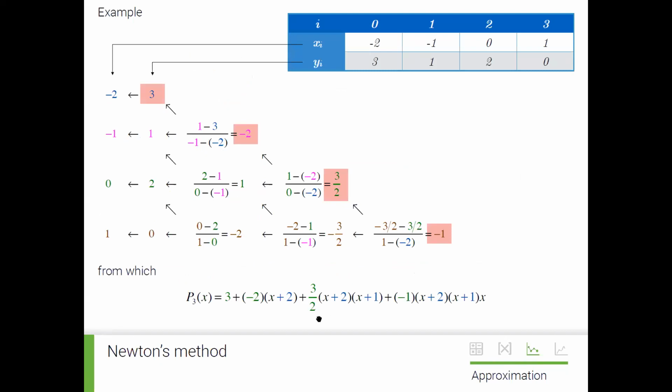And then 3/2, this is the third coefficient, times (x plus 2)(x plus 1), so x minus x0, x minus x1, where x minus x1 is x plus 1. And the last one, -1 times (x minus x0)(x minus x1)(x minus x2), so the last factor is just x. So we get this form.